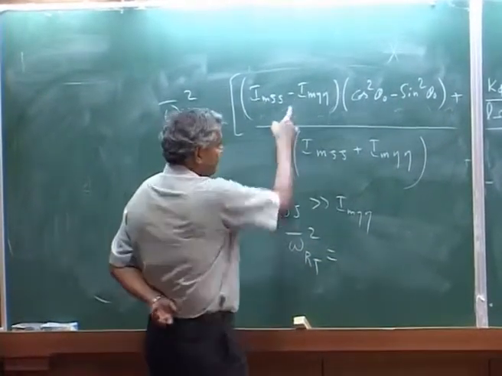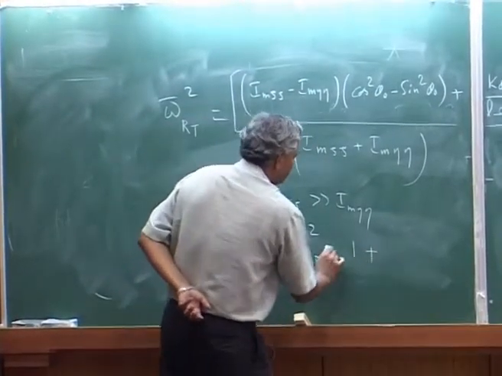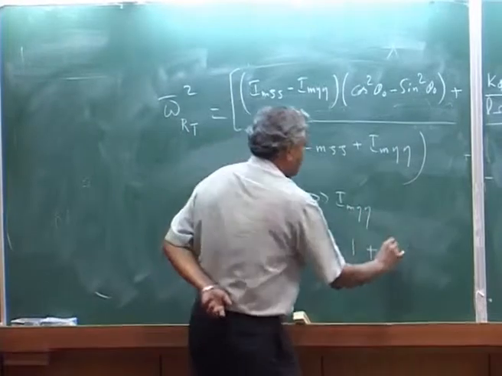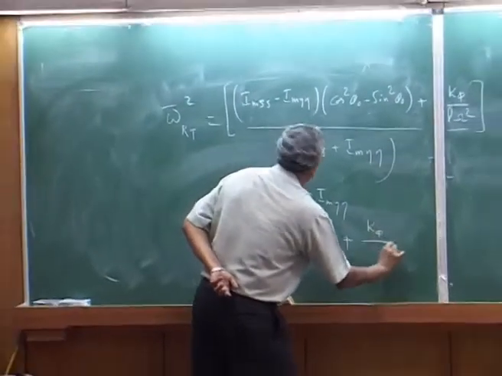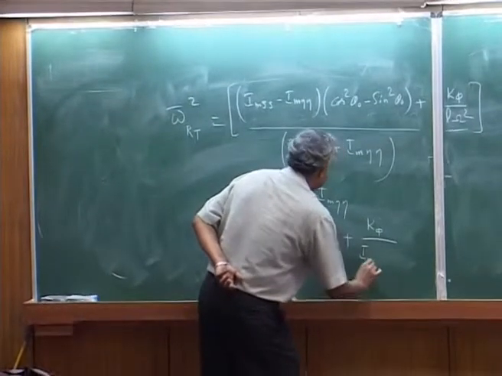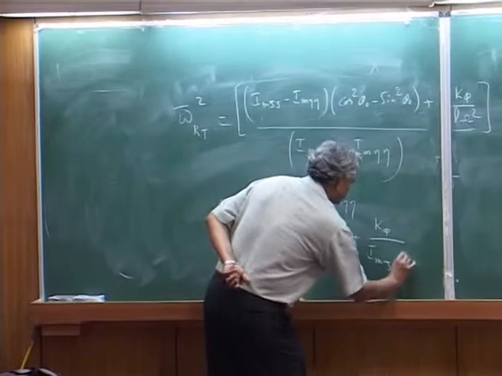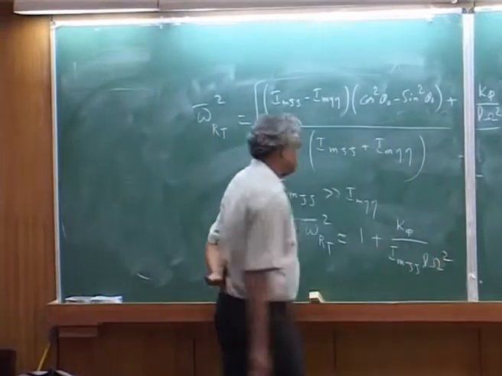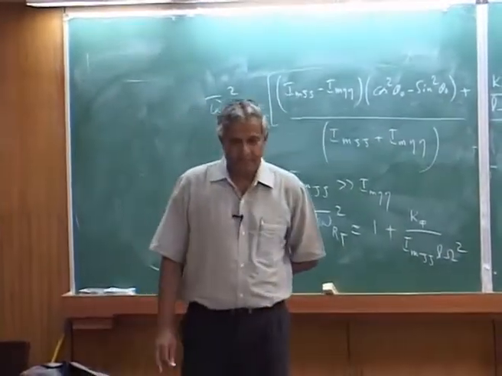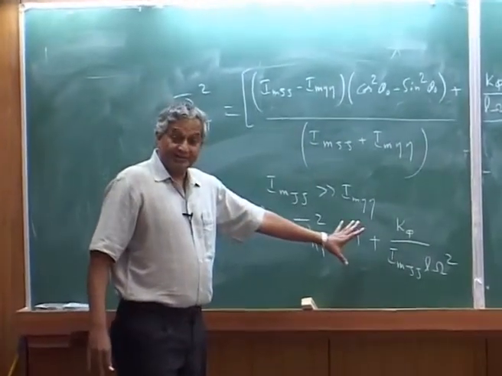This is this and this, 1 plus, I will put an approximation, Kphi over Im L omega. Okay. This is my very simple form.